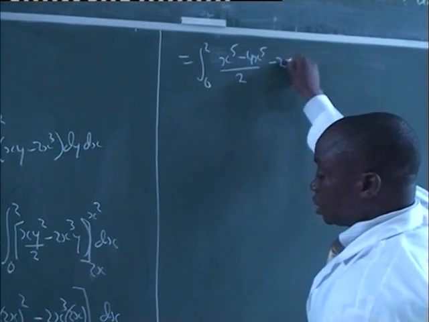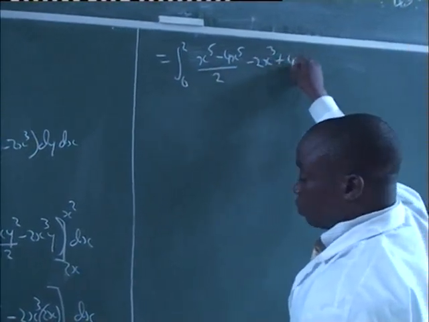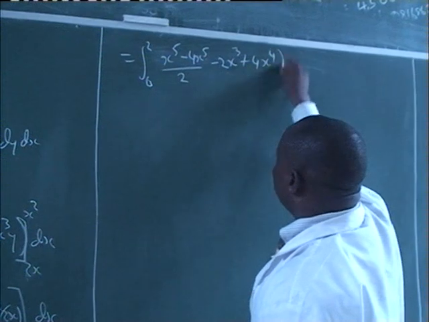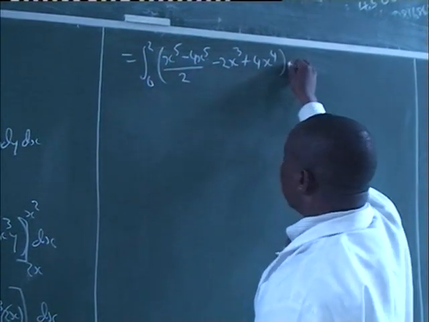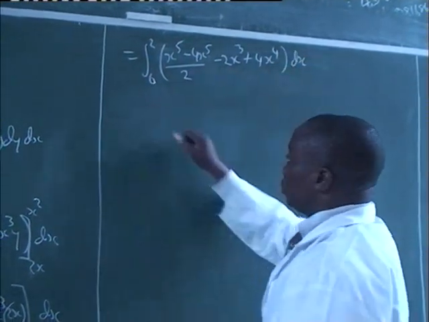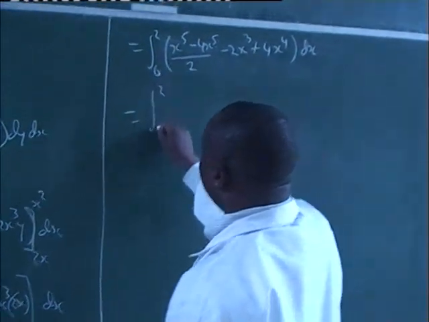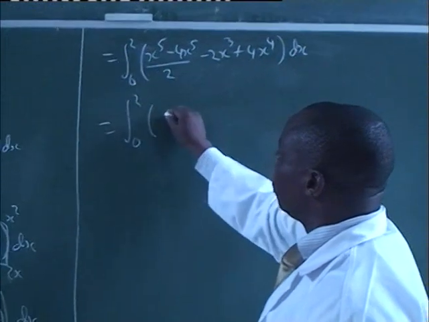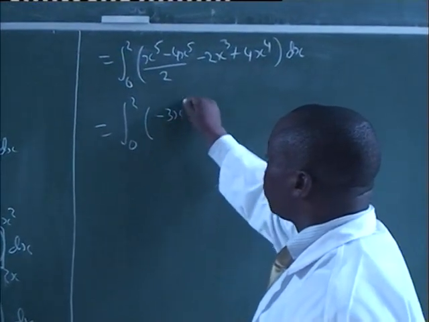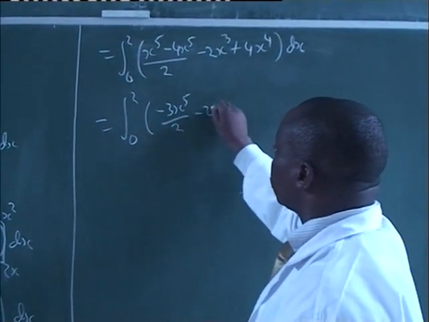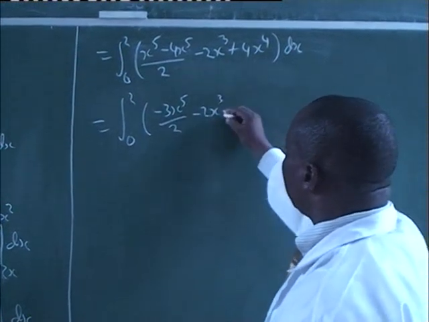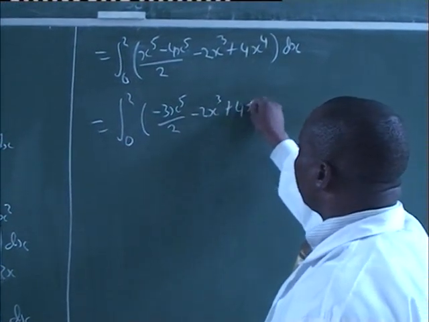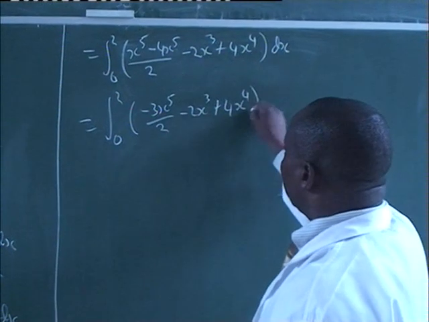Minus 2x cubed plus 4x raised to the power 4, dx, which is the same as the integral from 2 to 0 of minus 3x raised to the power 5 over 2 minus 2x cubed plus 4x raised to the power 4, dx.